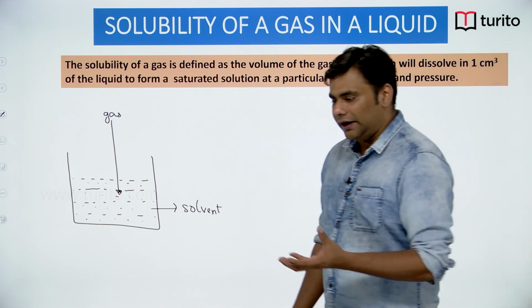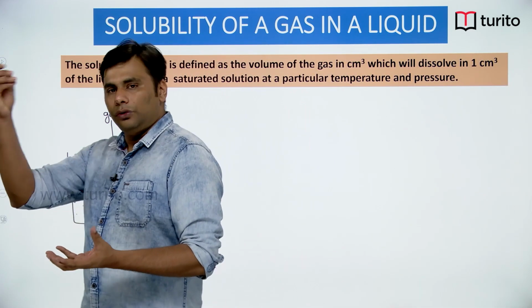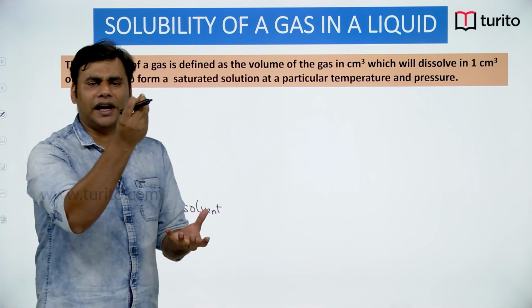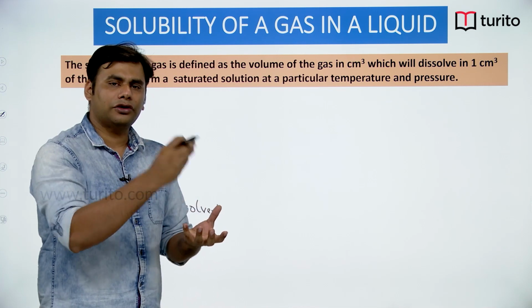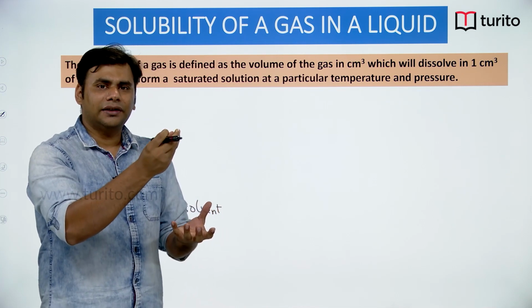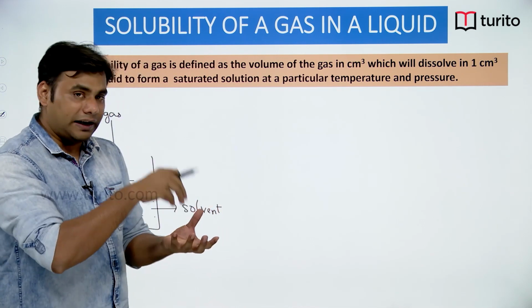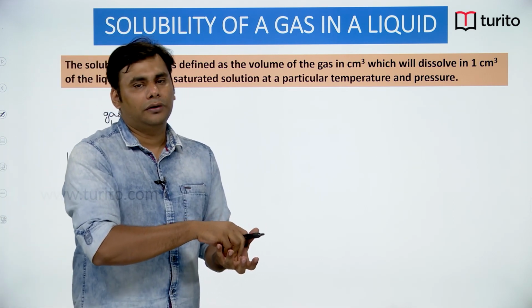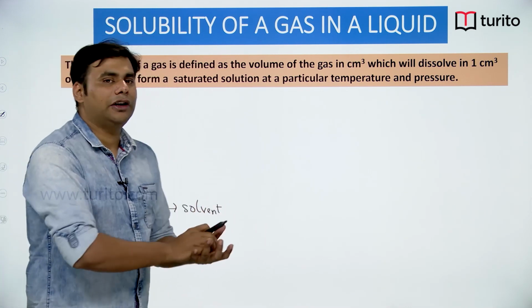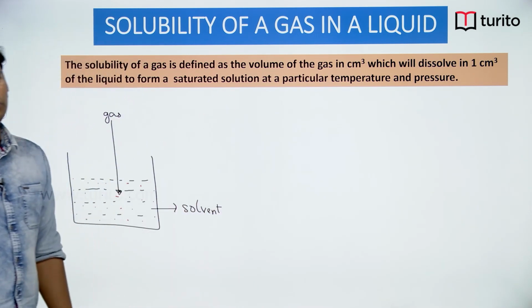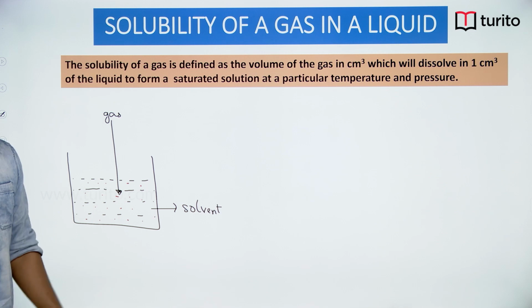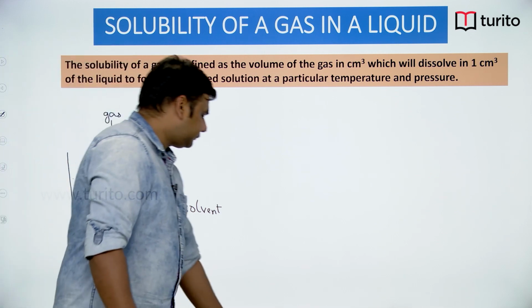Okay, so you take a container, it is having a solvent, you take some gas, the gas will get dissolved, the gas will go into the liquid. So the amount of gas in centimeter cube which is getting dissolved in 1 centimeter cube of a solvent at a particular temperature and pressure is called the solubility of a gas. I hope this point is clear to everyone.